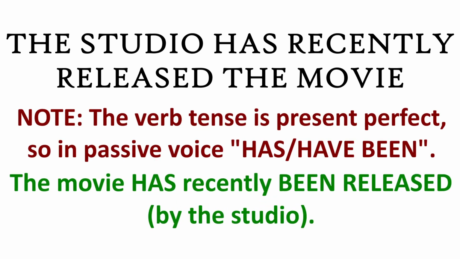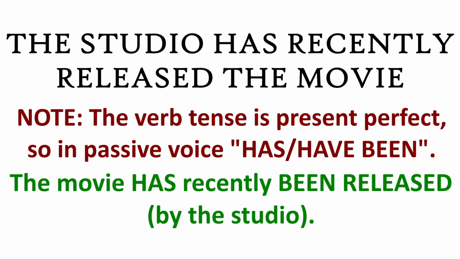Let's look at one more. The original, where we have subject, verb, object. The studio has recently released the movie. You decide the movie is the star. So we make this passive. So we start with the movie. Now, what is the verb tense?